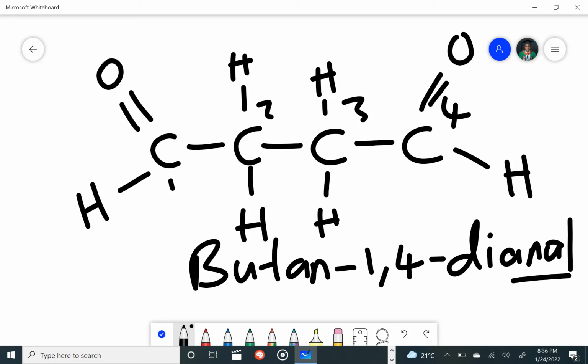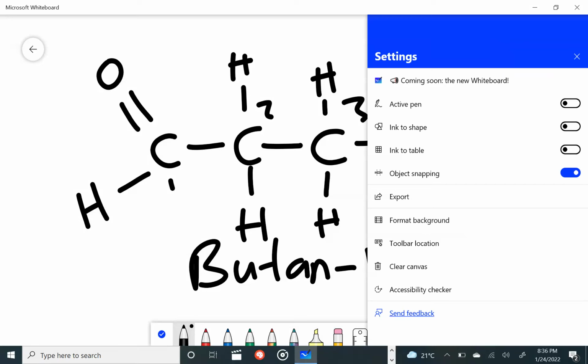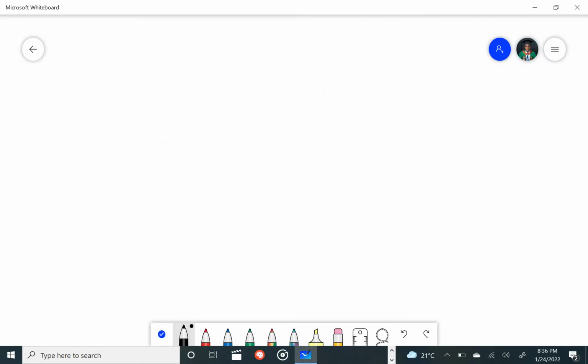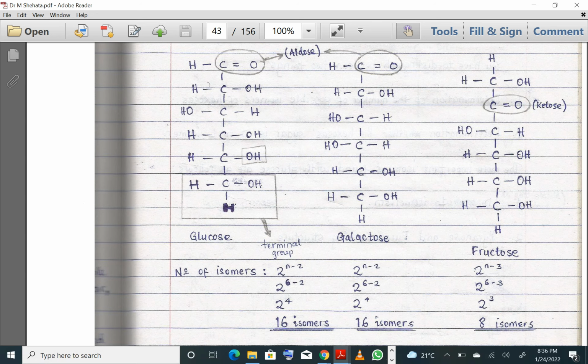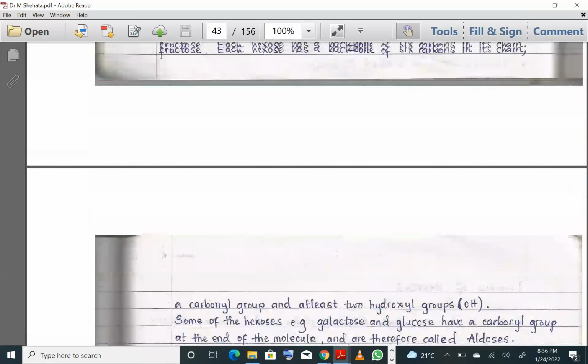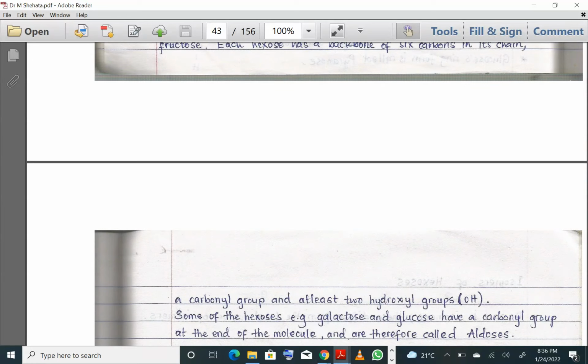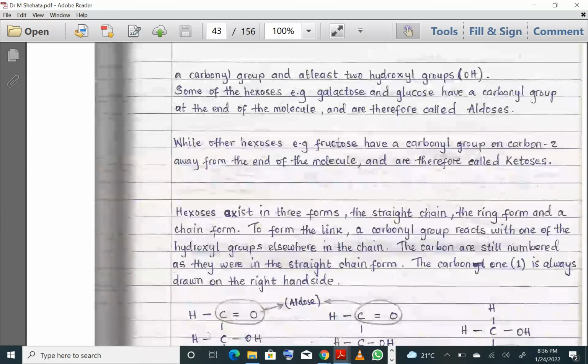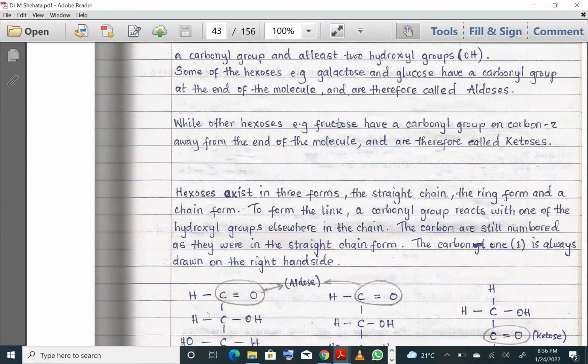So it's possible, but then that would no longer be a monosaccharide, because remember, we said what makes something a monosaccharide. Each hexose has a backbone of 6 carbon atoms in its chain, a carbonyl group. So it just needs to have 1 carbonyl group and at least 2 hydroxyl groups. If it has more than 1 carbonyl group, then we're talking about another compound, because it won't have the characteristics of monosaccharides.